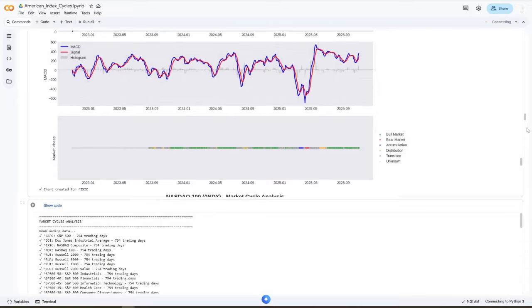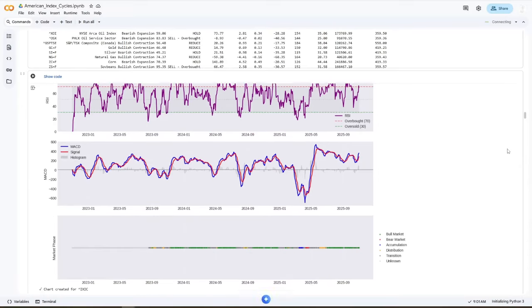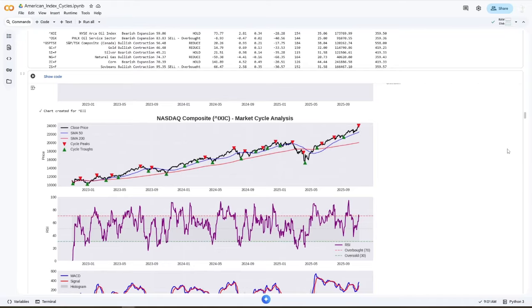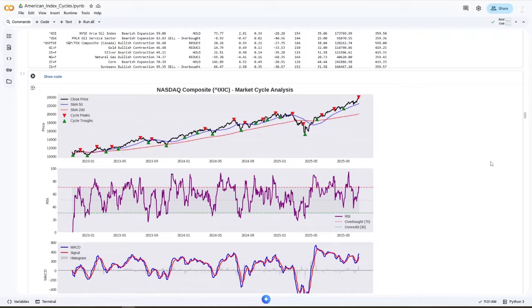And yes, you can basically use a TD sequential, which works with the cyclicality in markets, and you can work with the RSI or the MACD.